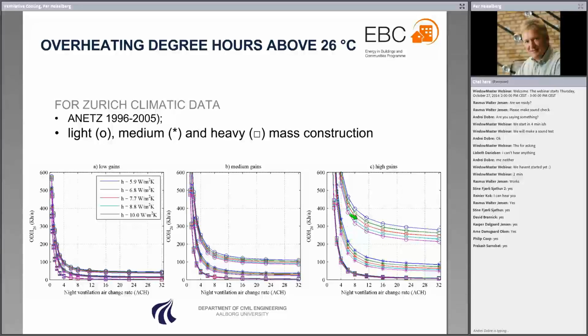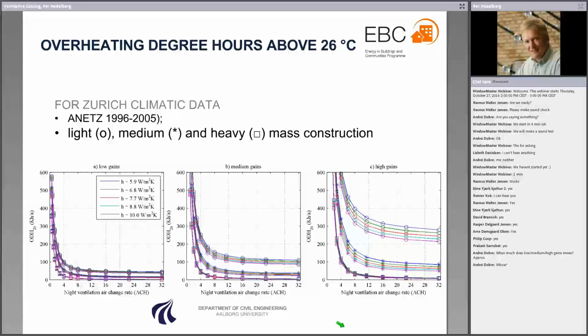And it's impossible in a lightweight building. You need to have a medium or heavyweight building to be able to remove enough heat gains during daytime. So nighttime cooling and ventilative cooling, depending on the heat gains, requires thermal mass, and it requires a high flow rate during nighttime.